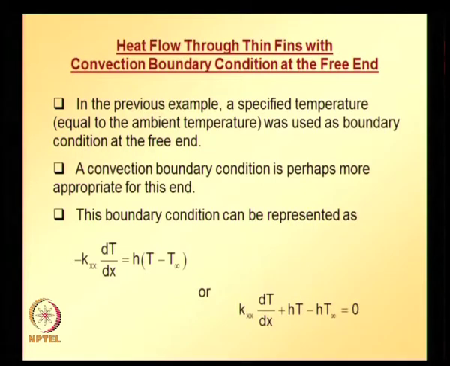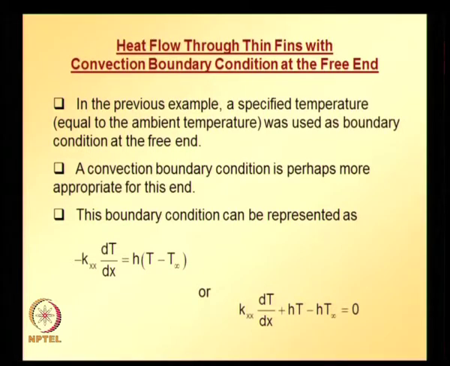So, instead of T4 being specified as an essential boundary condition, if T4 is specified as a natural boundary condition, then the element equations are going to change a little bit.